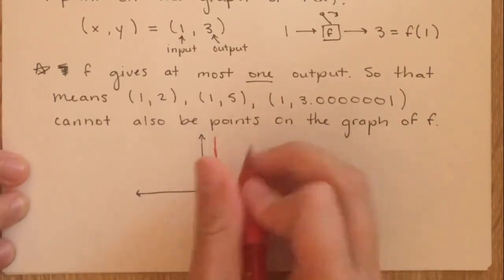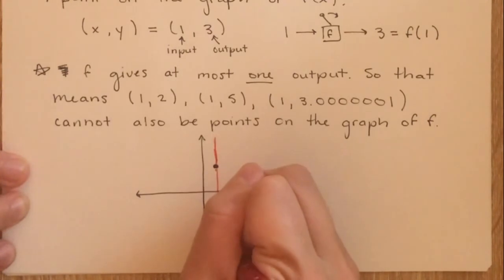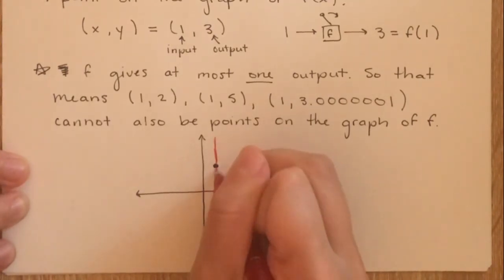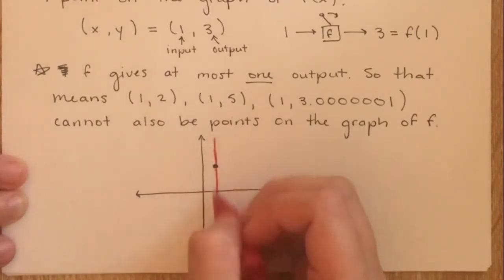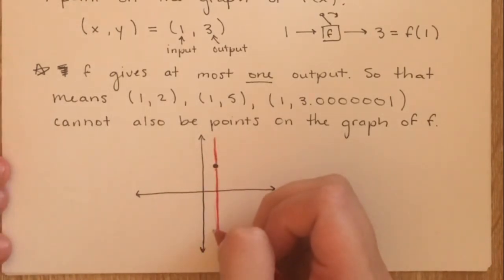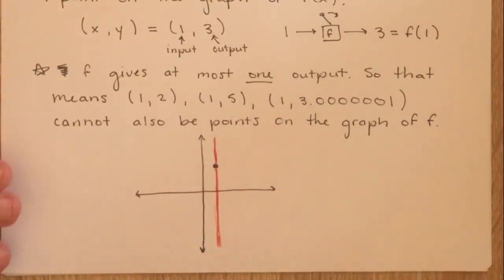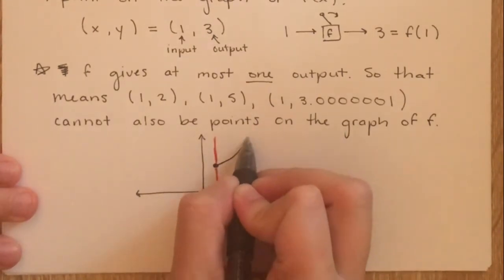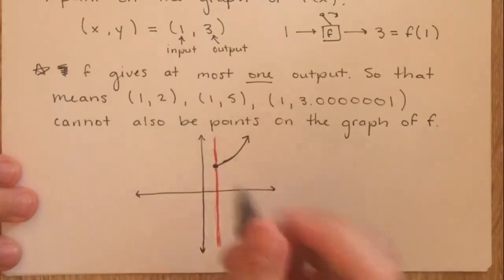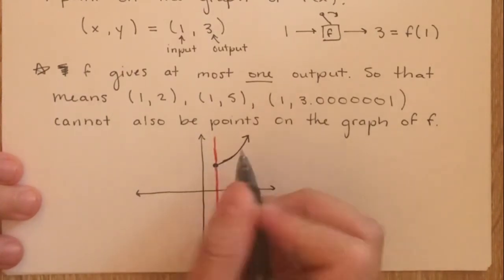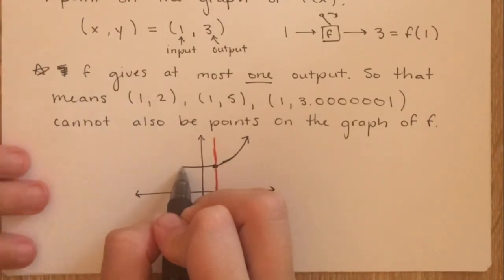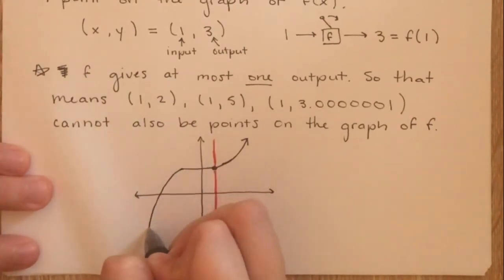None of these points can also, these are all the other points that have the x value of 1. None of them are allowed to be a part of the graph, right? So it doesn't matter what's going on in the other places, right? We could be going up, we could be going down, we could keep staying straight, doesn't matter. We could stay straight for a little bit and then go down. Who knows what's going on?